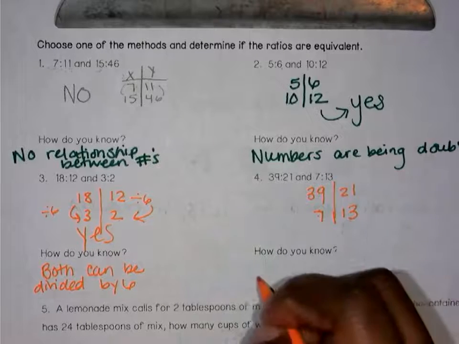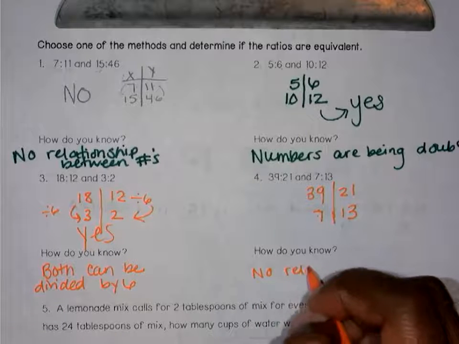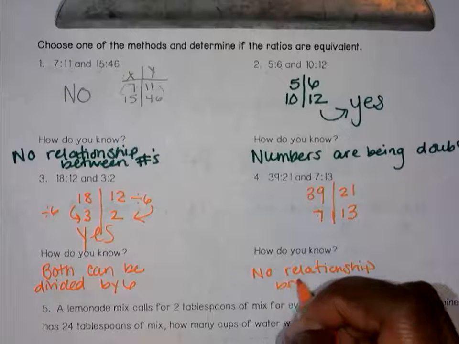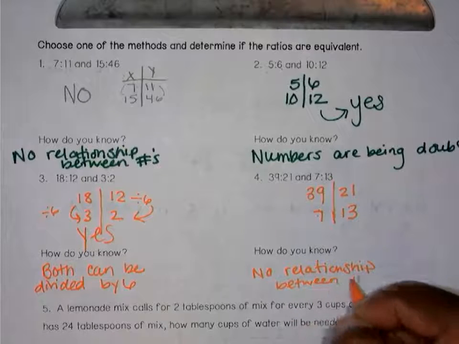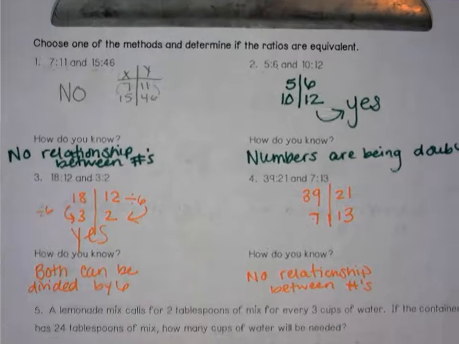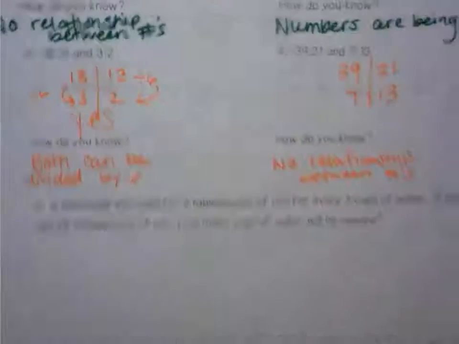So there's no relationship between numbers. All right. So sometimes you can just eye ratios and say, no, it can't be simplified. That's not equivalent at all. All right. Sorry, guys. I got to push this to the bottom.